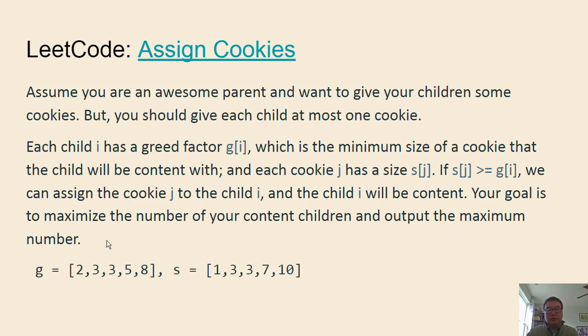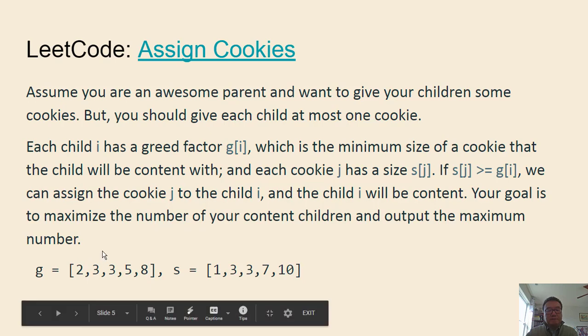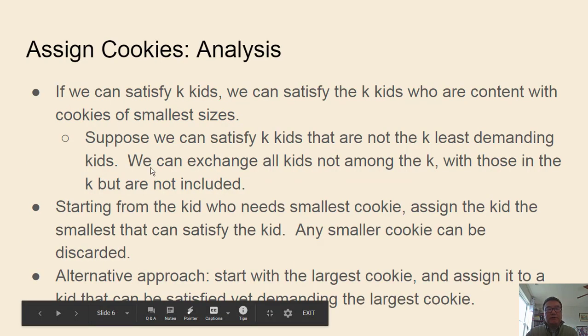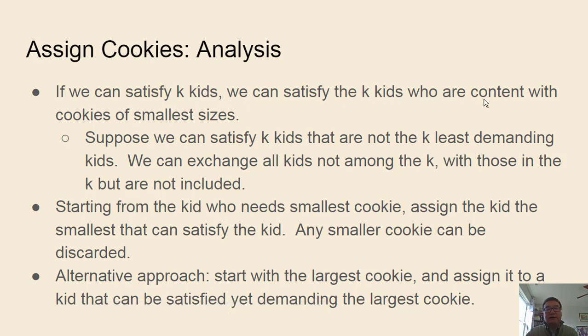There is more than one way to solve this problem, but one insight is if we can satisfy K kids, then we can satisfy the K kids who are content with cookies of smallest sizes.